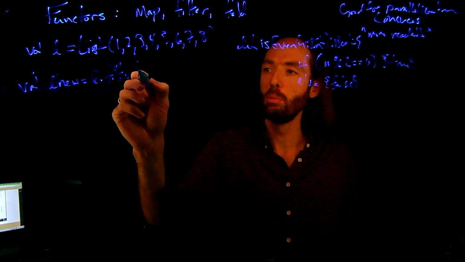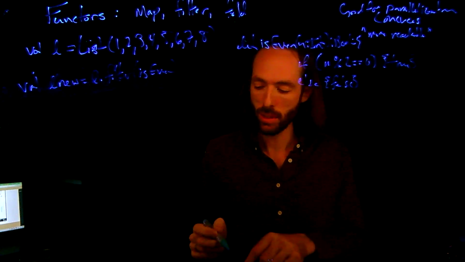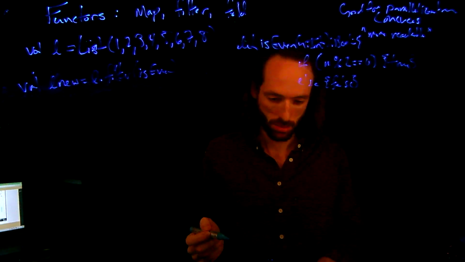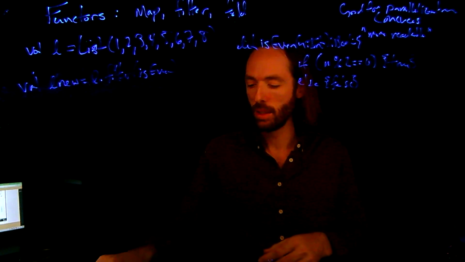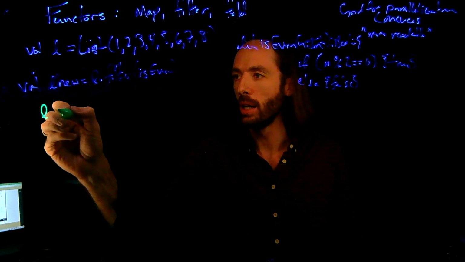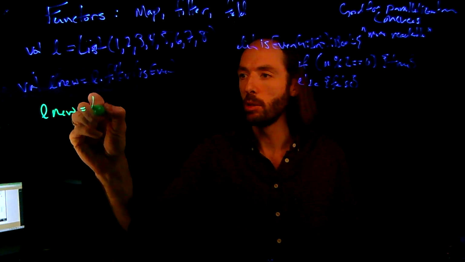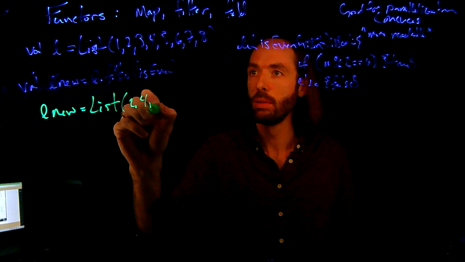And we just pop is even in here. And what is it going to do? It's going to run through every element of L, and it's going to check, is it even or not? And so if we check what lnew is, it's going to be the list of all the even numbers.